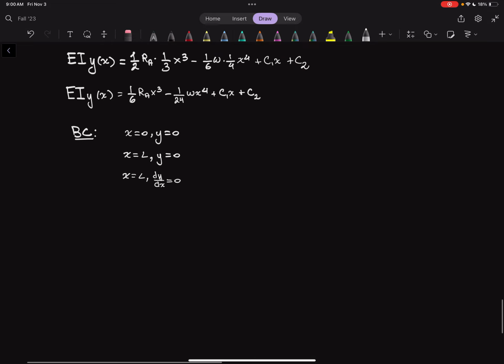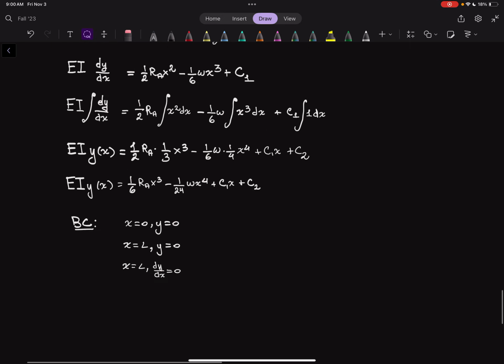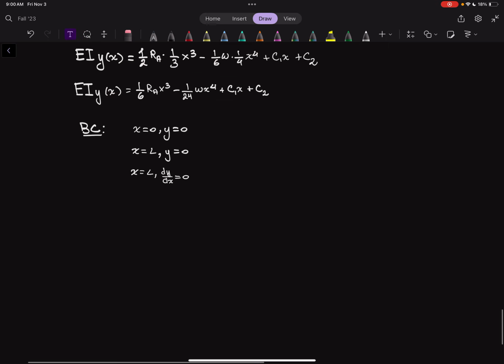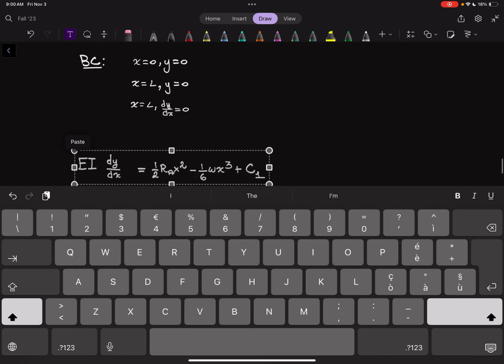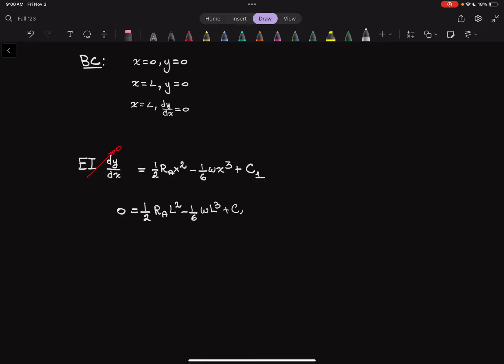So I'm going to start with the slope one here. If I take this equation, copy, paste it, I can say that 0 here, because I plug in this, happens when we have 1/2 RA L squared minus 1/6 WL to the third plus C1.